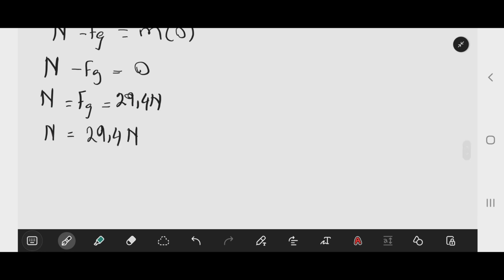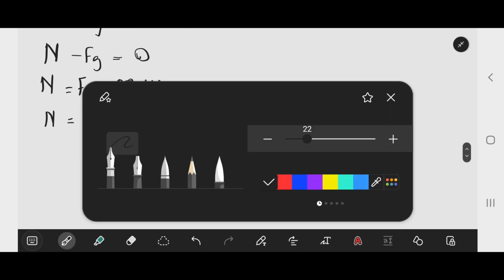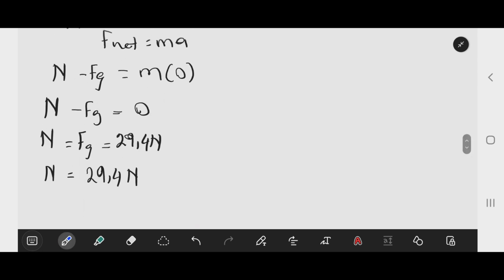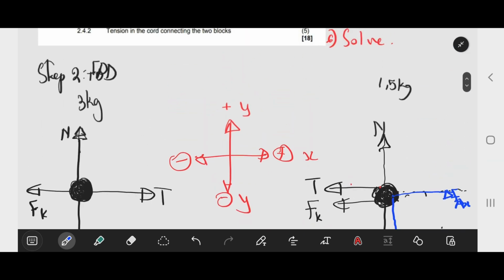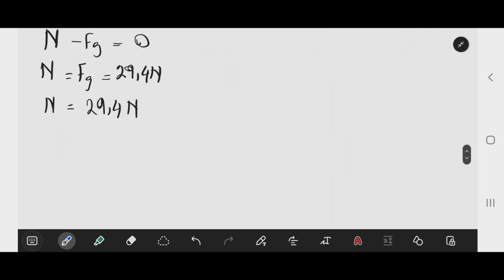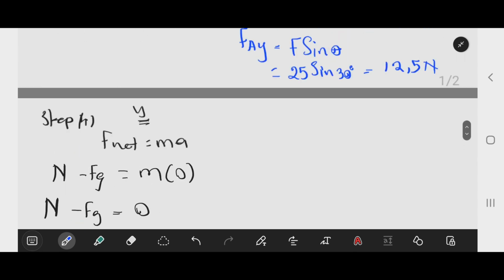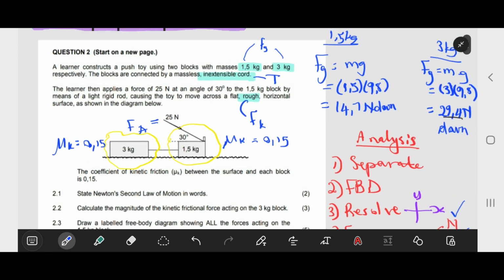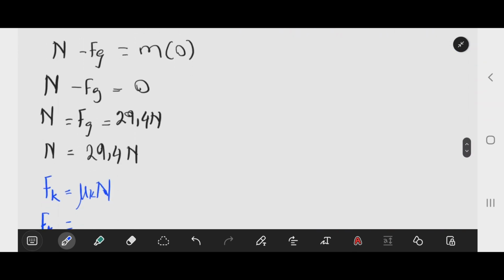And remember, immediately after this, you calculate your friction, because the aim of performing F net in the y direction is to obtain the normal force and then obtain your friction. So let us calculate the friction, which is Fk equals the coefficient of kinetic friction multiplied by the normal force. The coefficient of kinetic friction was given as 0.15 for both objects, right?